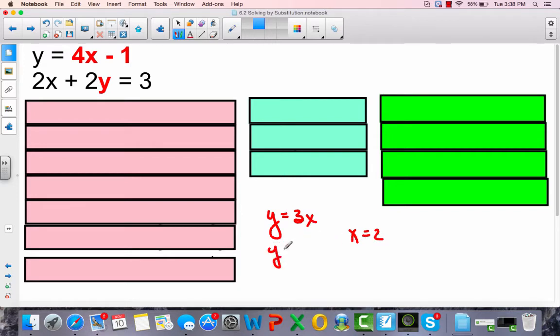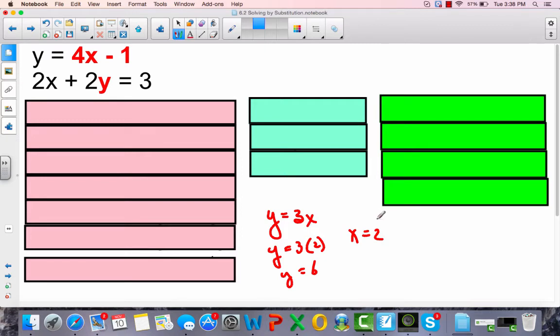Then you would write y equals 3 times 2, and you get y equals 6. That's called substitution. You substitute the value that you're told x is for where x is in the equation.